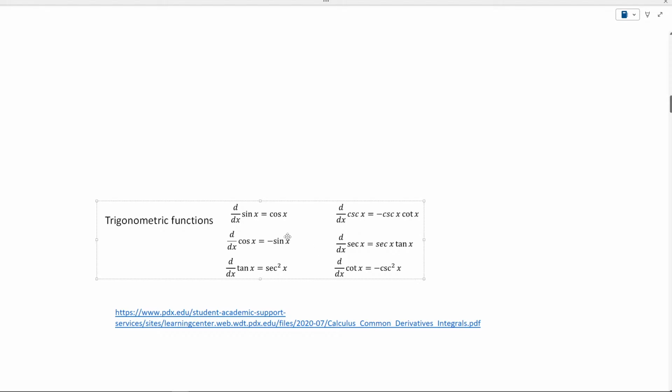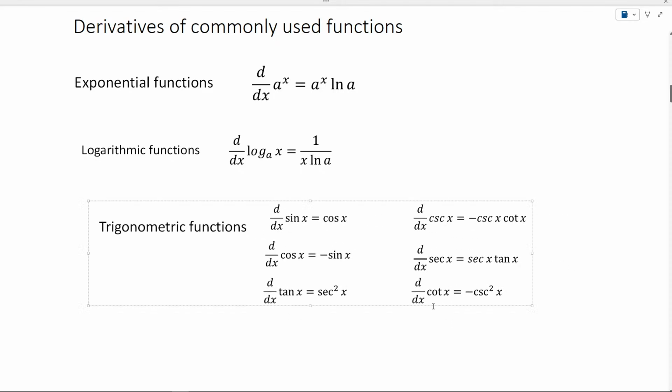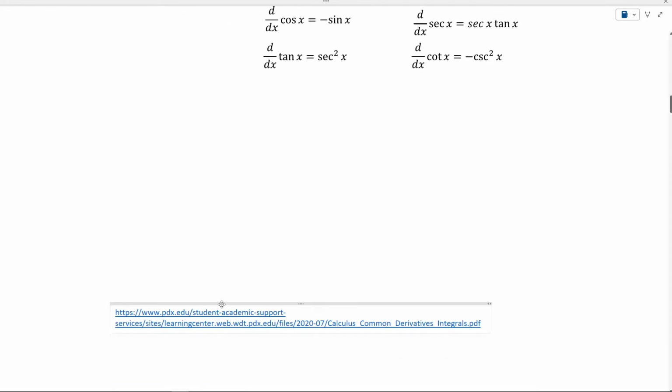And you also have some trigonometric functions. Here are the main ones. This is something you should generally know or remember: the derivative of sine x is cosine x, and the derivative of cosine x is negative sine x. These two are very common, and so on for other trigonometric functions.